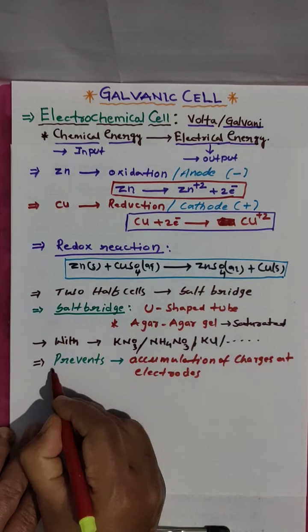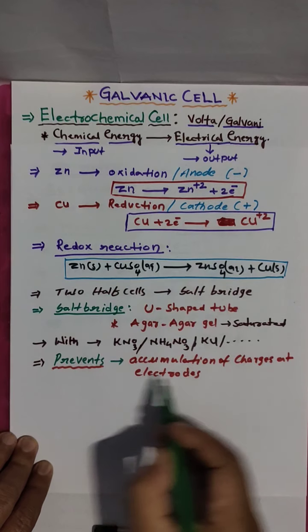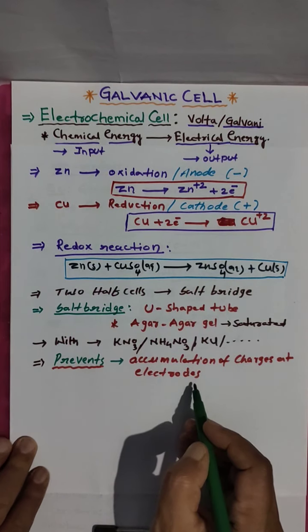This is the main point. So why we are using a salt bridge means it prevents accumulation of charges at electrodes.